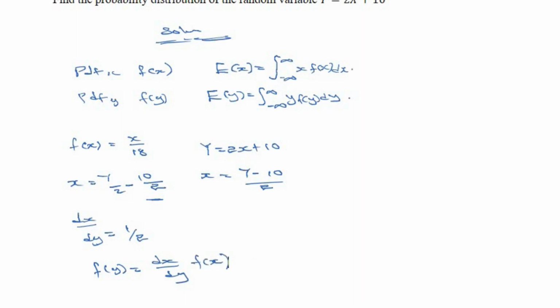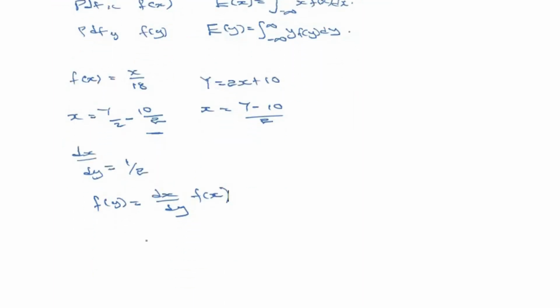We are given f of x and we have dx over dy, so we can substitute. f of y is equal to 1 over 2 multiplied by x over 18, which is equal to x over 36. But this is f of y, so we have to represent this equation in terms of y.